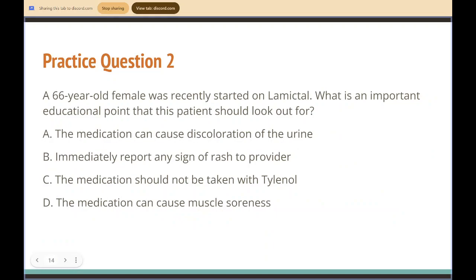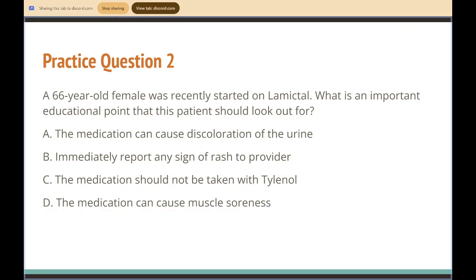Same rules. I'll read it and you put your answers in the chat when I am done reading. A 66-year-old female was recently started on Lamictal. What is an important educational point that this patient should look out for? Choice A, the medication can cause discoloration of urine.